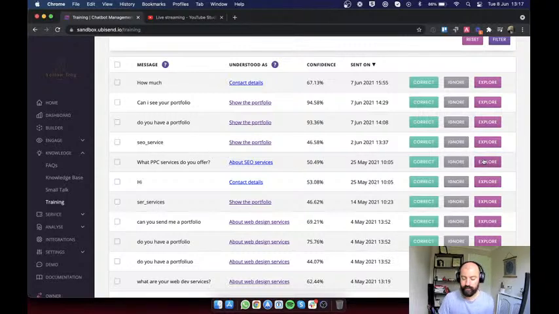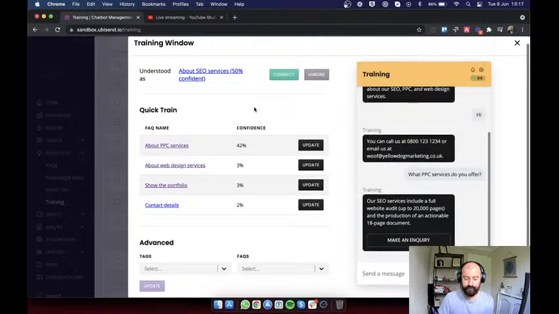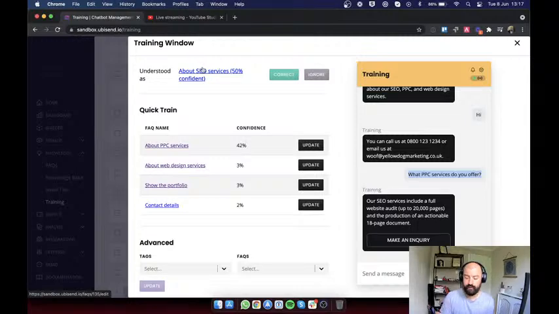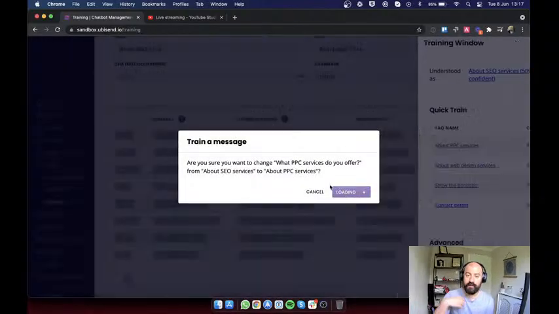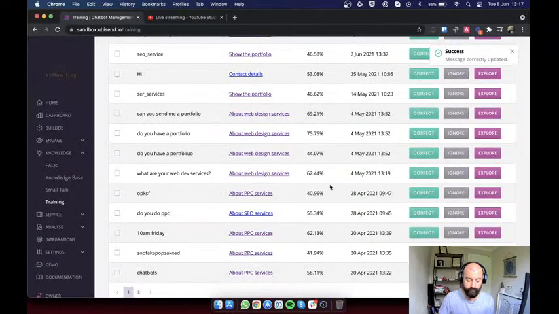I can hit explore on this particular message, and go through the quick train or the list of FAQs here, and find the actual accurate one. Obviously this was about PPC, and it had a 50% confidence score on the SEO one, which wasn't correct, but it had a 42% confidence score on the PPC one, which is the right one. So I want to hit correct, confirm this, and now the bot will be trained for this one.